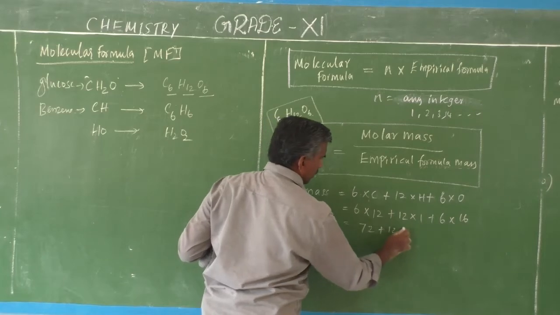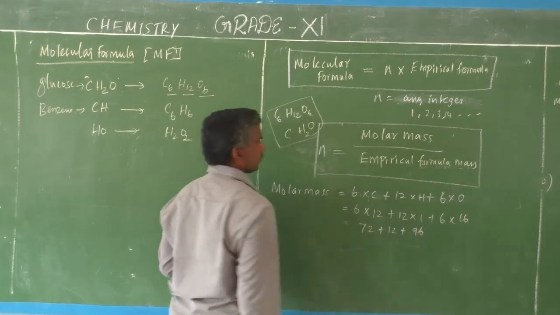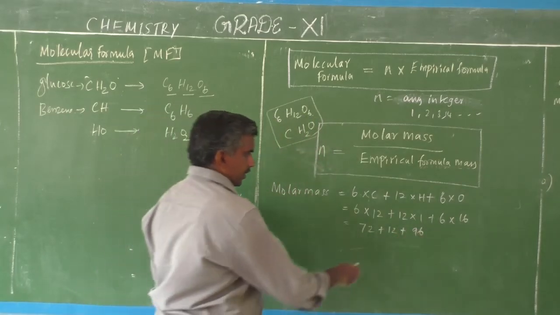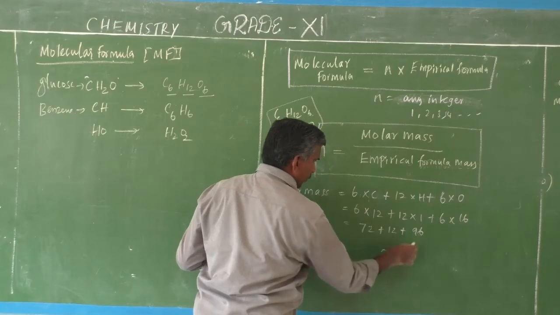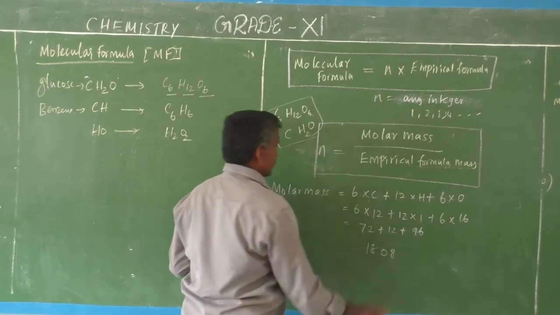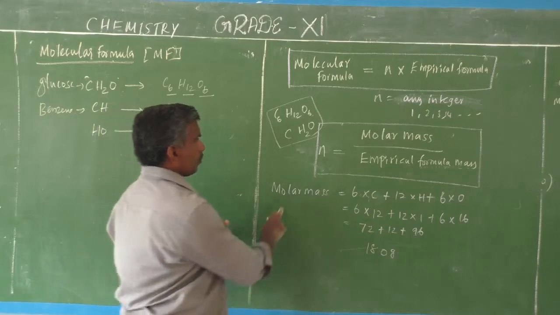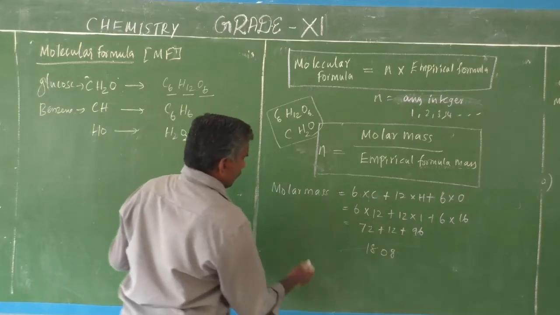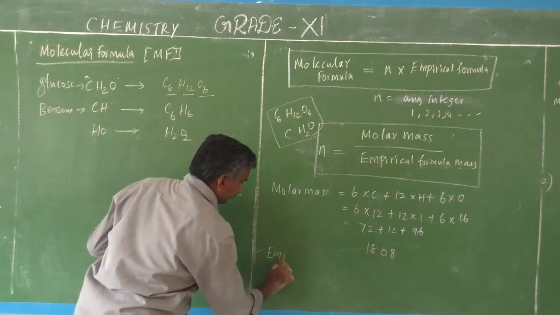That is 72 plus 12 plus 96, which is 180 grams. That is the molar mass of glucose. Now the empirical formula mass.